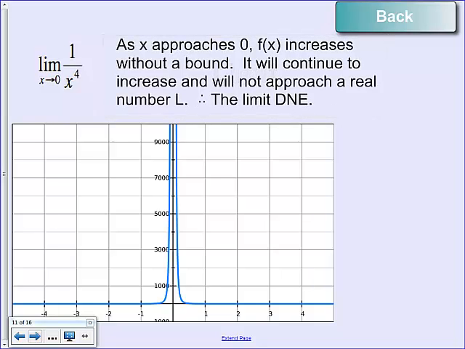As x approaches 0, f of x increases without a bound. It will continue to increase and will not approach a real number L. So even though they are both approaching infinity, both going in the same direction, the limit does not exist, simply because they're both approaching infinity. Infinity is not an actual value.